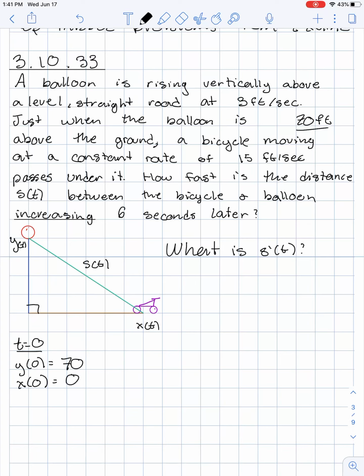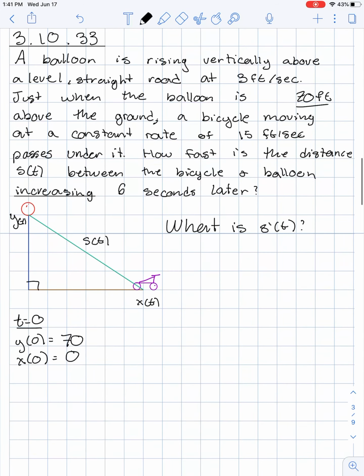The bike was directly under it, so horizontally speaking, it was at its starting point. So the distance between these two is 70, which I don't think we really even need. Just fun fact.